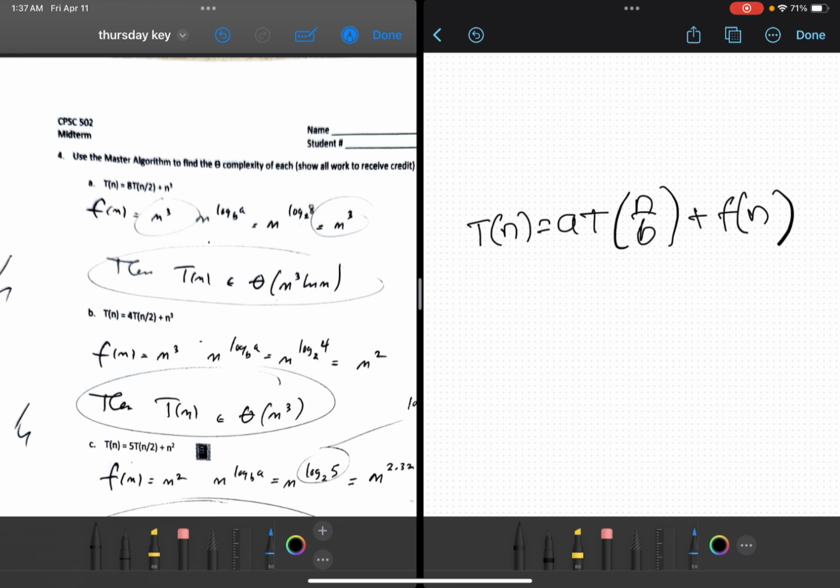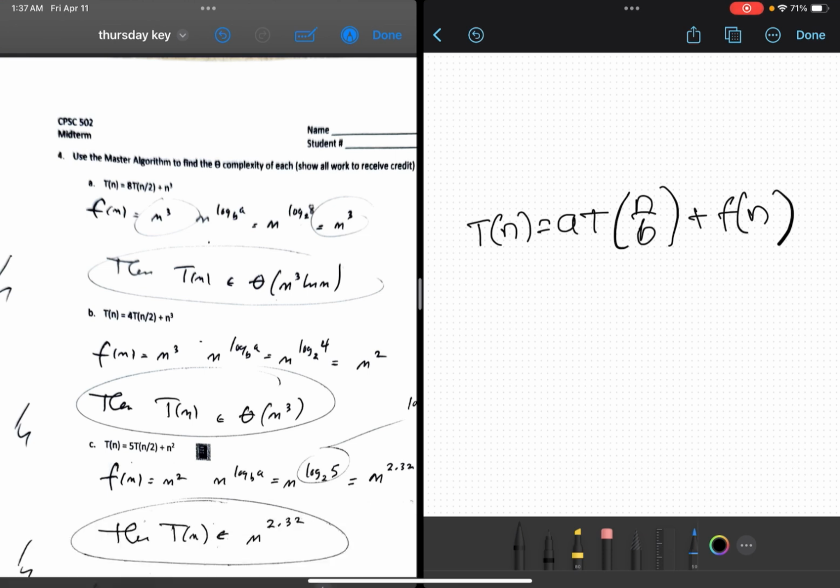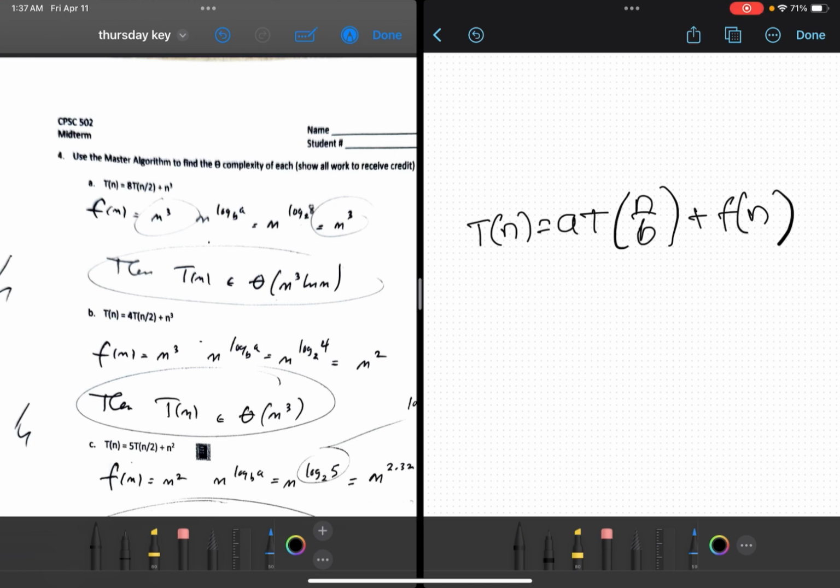In the master method, we look at the value of a, the value of b and f of n, and see where the most amount of work has been done. By looking at the total work done, we assess the theta complexity.